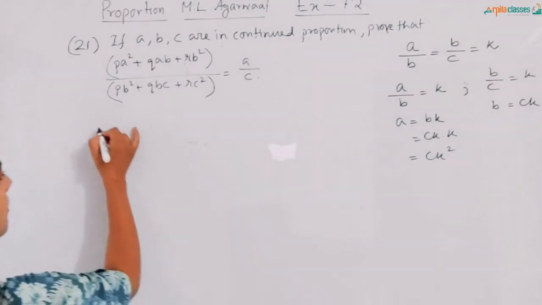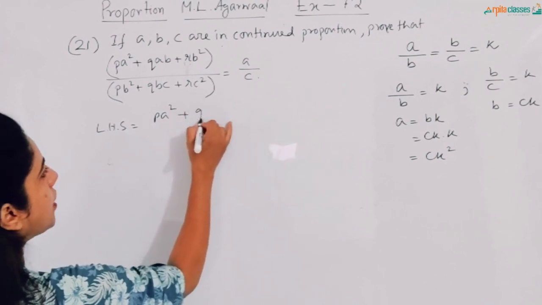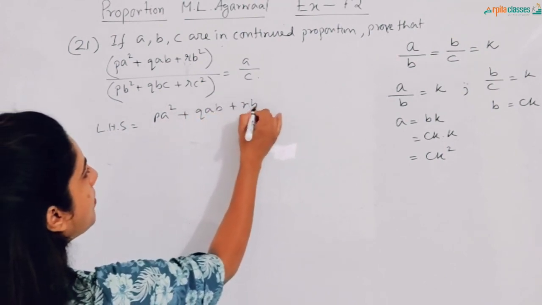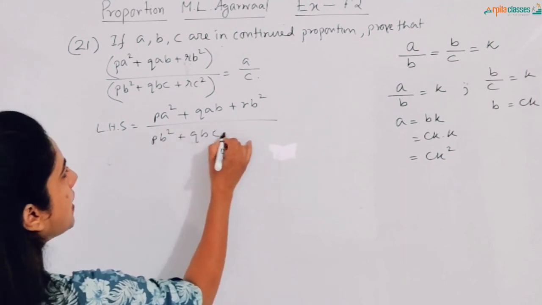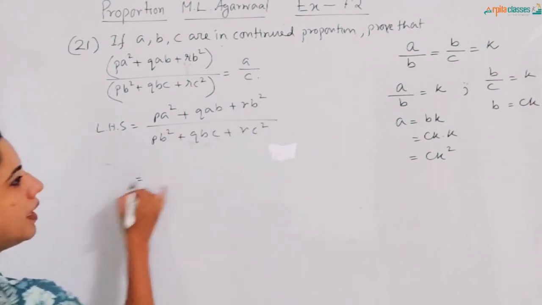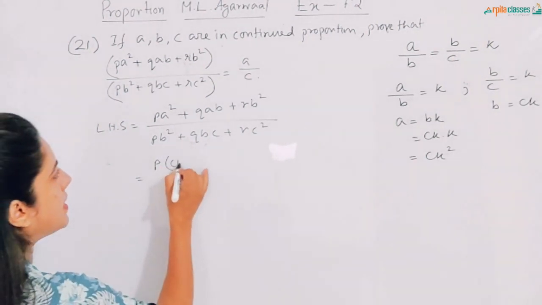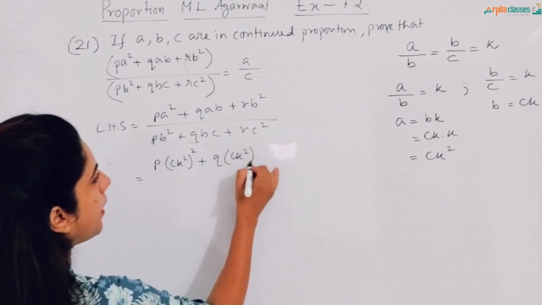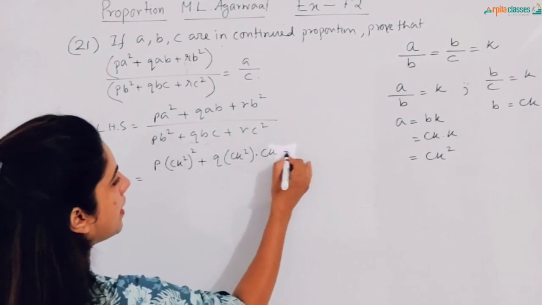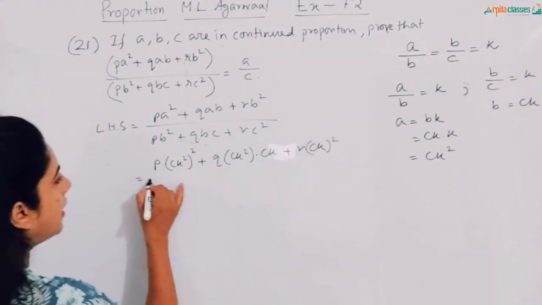Okay, now let us take the left hand side. Here the left hand side seems quite big. PA square plus QAB plus RB square upon PB square plus QBC plus RC square. Now, in place of A, I can put CK square, so it will be P (CK square) the whole square plus Q (CK square) into B, that is CK, plus R, this is (CK) the whole square.